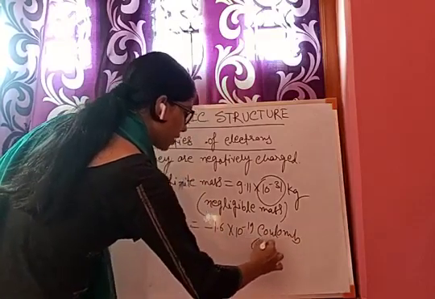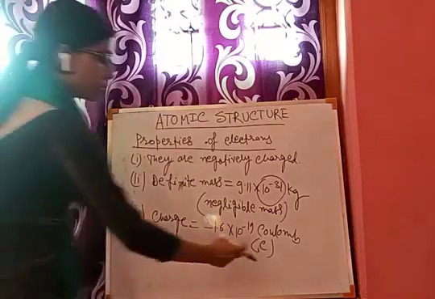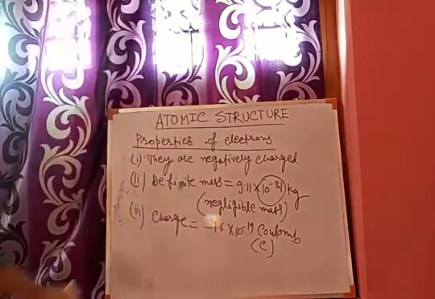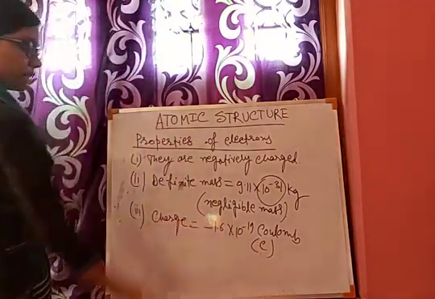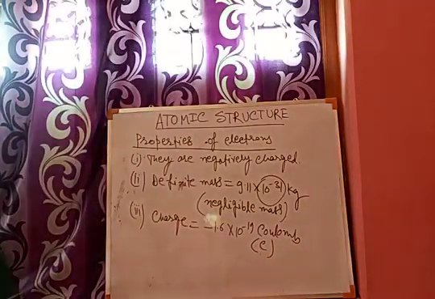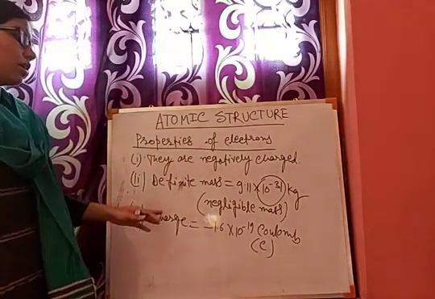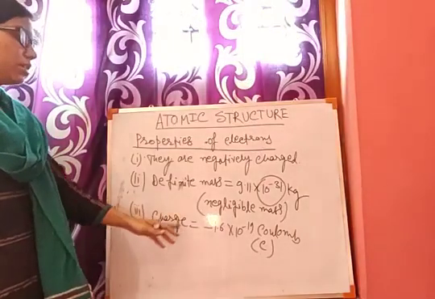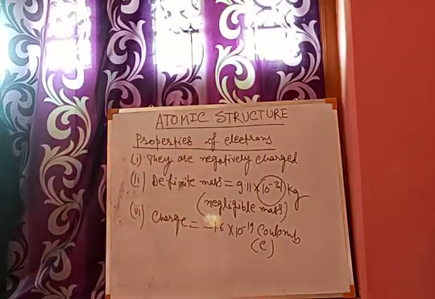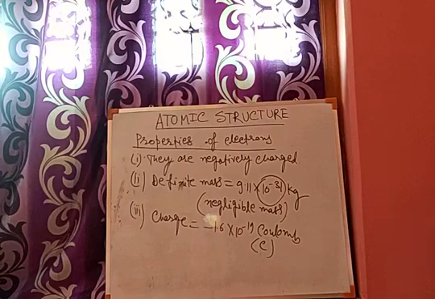Coulomb is represented by capital C. See here a minus sign is given as the electrons are negatively charged. So the charge value is minus 1.6 into 10 to the power minus 19 coulomb.